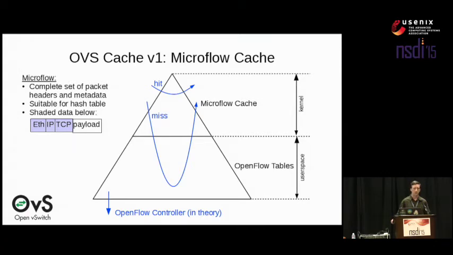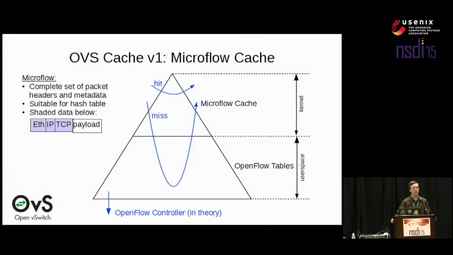At the bottom, you can see that in theory there could be another level to the cache where we send a packet to the OpenFlow controller. But in practice, we don't use that in our network virtualization systems, so I'll leave that off the rest of the slides. So this gave us a really big speed up.